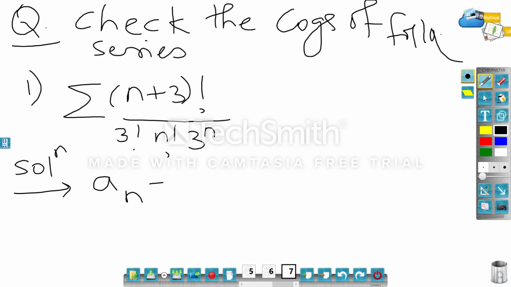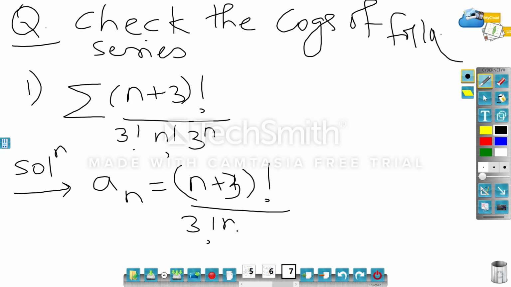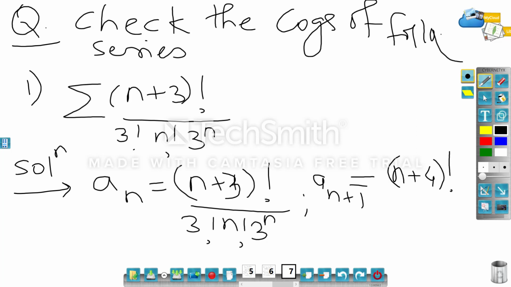Here your a_n is (n plus 3) factorial divided by 3 factorial n factorial 3 to the power n. And a_(n+1), just replace n by n plus 1, so you get (n plus 4) factorial upon 3 factorial (n plus 1) factorial 3 raised to n plus 1.